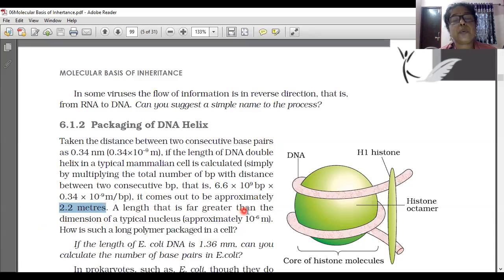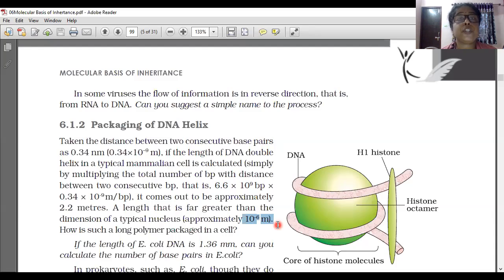A length that is far greater than the dimension of a typical nucleus. The typical nucleus dimension is only about 10^-6 meter. In that, the 2.2 meter helix should be accommodated. Understood?